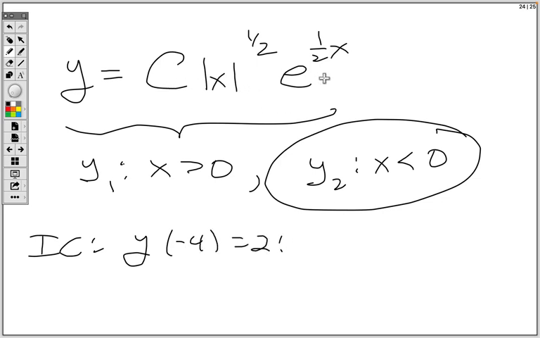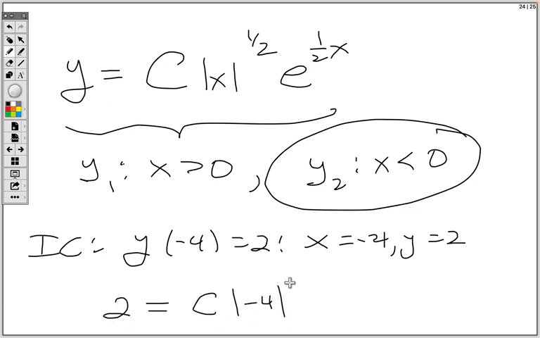I'm going to plug that in to my equation. So x is -4. Y should be 2. I plug the 2 in there. That's c, absolute value -4 to the 1/2.